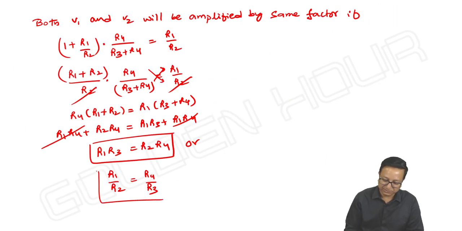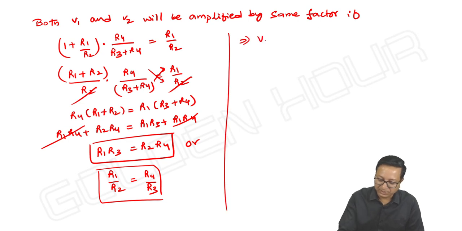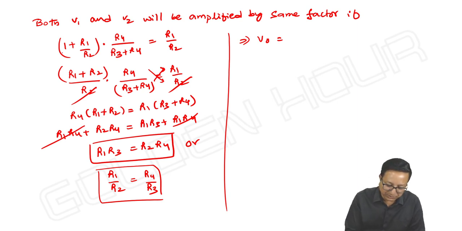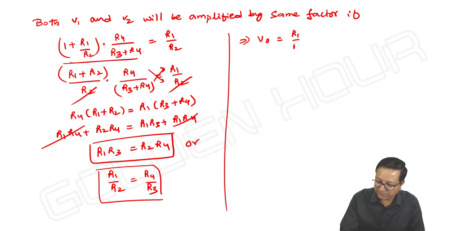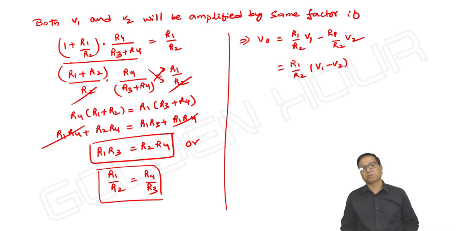This is the condition. So what I can write from this, so that V output is equal to V1 amplified by this factor. Instead of this big factor, I can simply write R1 by R2 into V1, and as usual V2 is amplified by the factor R1 by R2, so R1 by R2 into V1 minus V2.